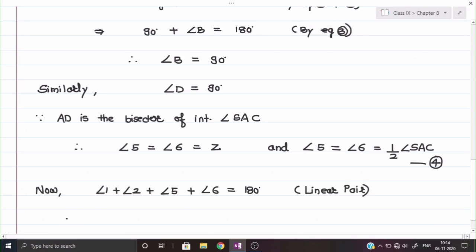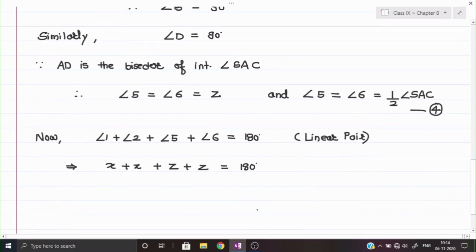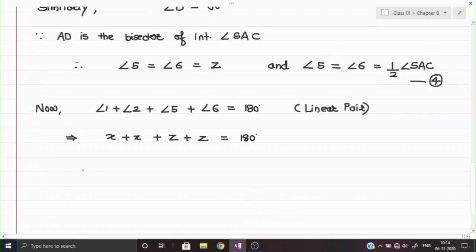Now angle 1 and 2 both are equal to x and x, and angle 5 and 6 both are equal to z and z, is equal to 180 degree. Now x and x are equal, they will be added, it will become 2x, and z and z we can add, that will become 2z is equal to 180.